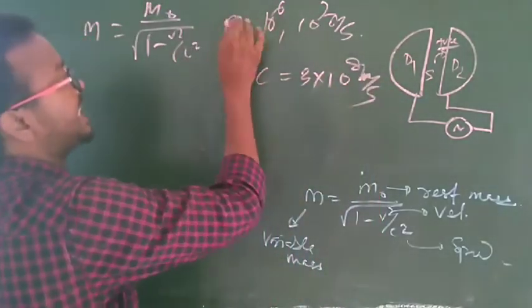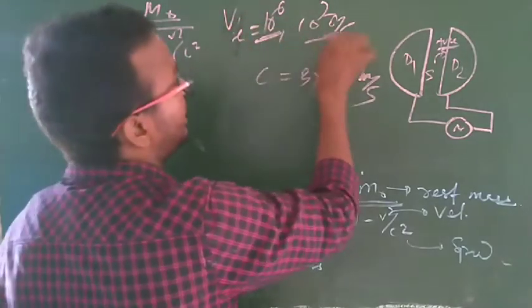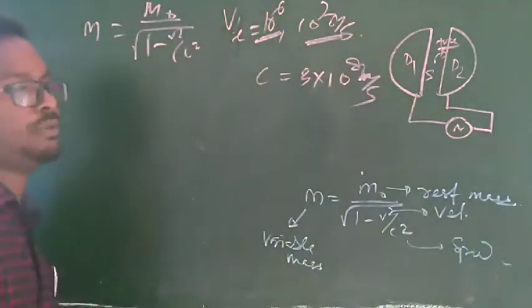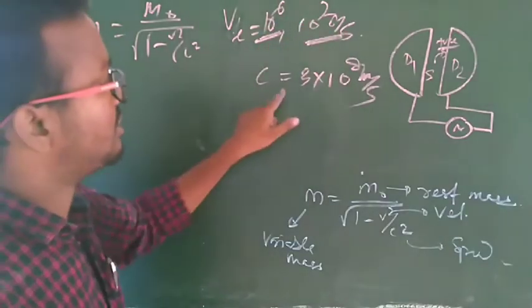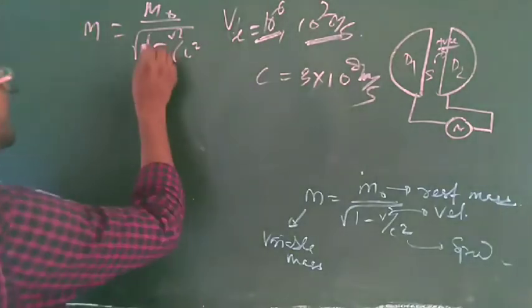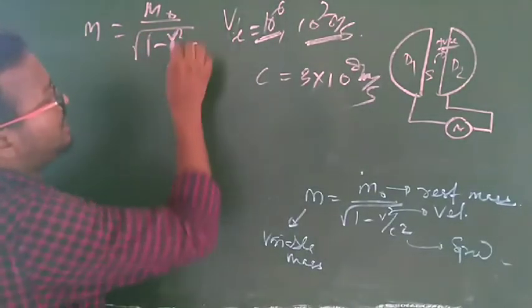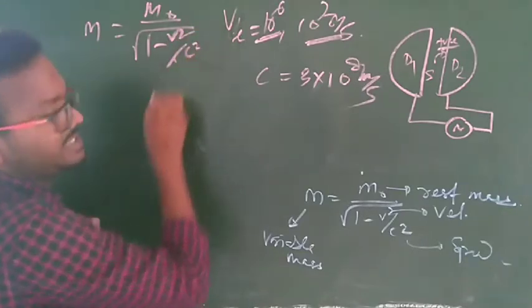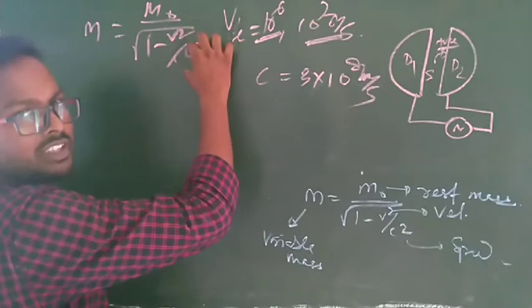So it can move with speed nearly equal to the speed of light. And this is the formula. What is v? v means the velocity of the charged particle, or velocity of the electron. And c. So these terms are nearly equal.